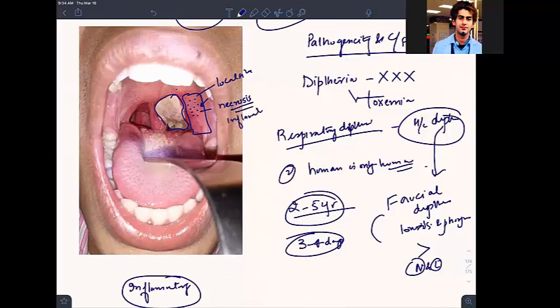It is not apoptosis. Apoptosis means programmed cell death. When your cell has to die in the body, normally it does not provoke any inflammation. It silently dies and gets shed off. But here, you are having necrosis.